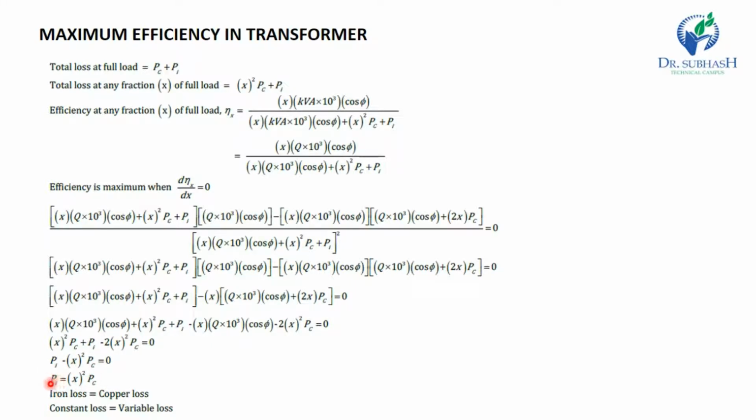Pi is the iron loss, a constant loss, and x squared Pc is the copper loss, a variable loss. So in any transformer, if the iron loss is equal to the copper loss, that is, the constant loss equals the variable loss, at that time the efficiency will be maximum.